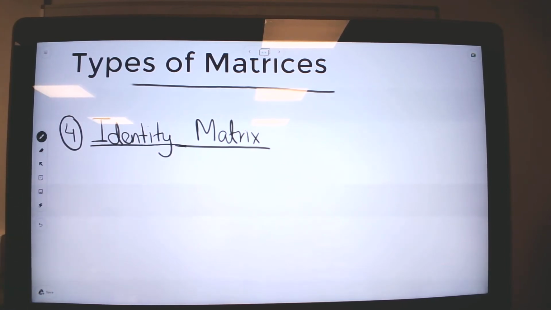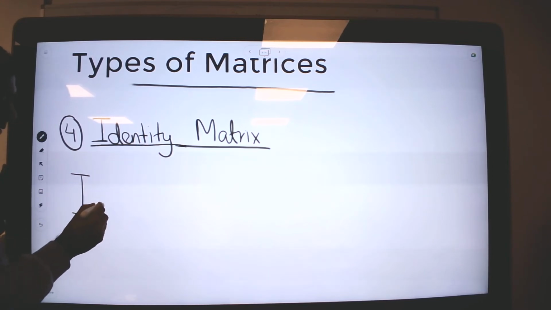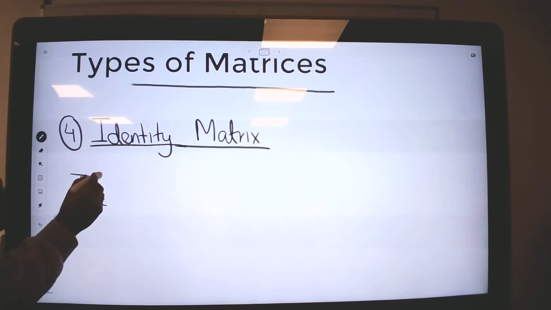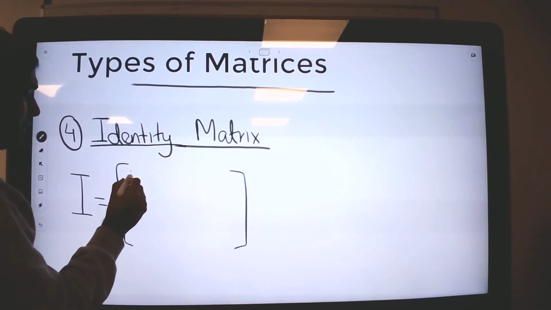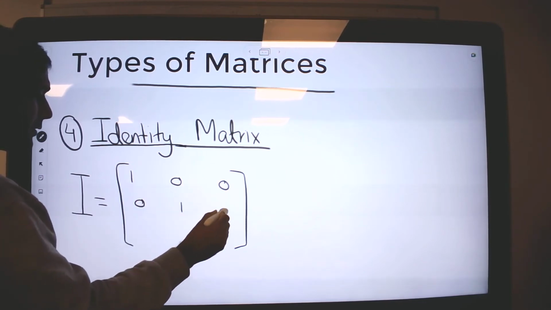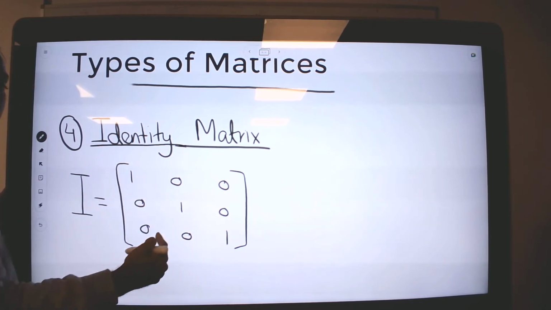Identity matrix. Identity matrix is denoted by I. Identity matrix is always a square matrix with the diagonal elements as 1.